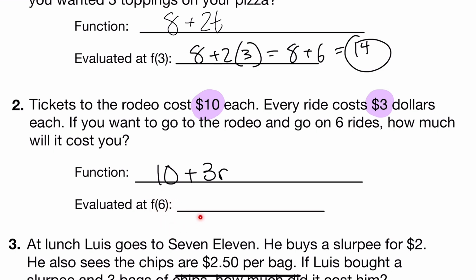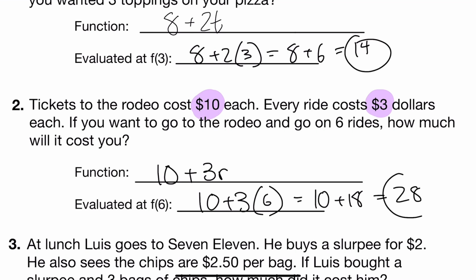So I'm going to put a 6 in for our R. So we got 10 plus 3 times 6. Okay, well, I know 3 times 6 is going to be 18. And then we add 10 plus 18, that's going to be 28. So it's going to cost you $28 to go to the rodeo and go on 6 rides.